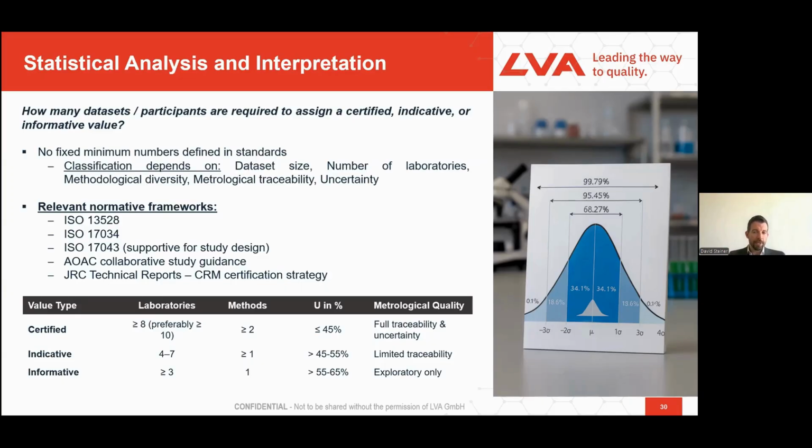And if these criteria are not fully met, the value is gradually downgraded to indicative or informative values depending on the number of data sets, methodological diversity, and also the associated uncertainty. And this approach actually allows us to include a broader range of analytes in the evaluation while still maintaining a clear and structured interpretation framework.